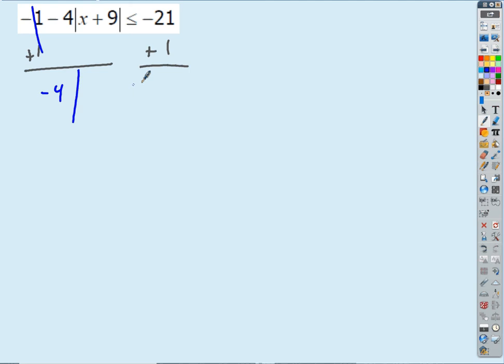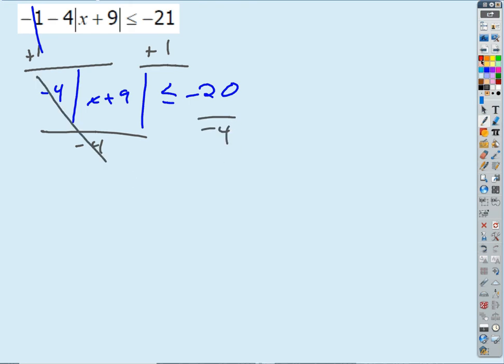I get -4 times the absolute value is less than or equal to -20, right? Okay, now look, when I divide each side through, those guys cancel. But look, I divided by a negative, so I gotta flip that guy around.